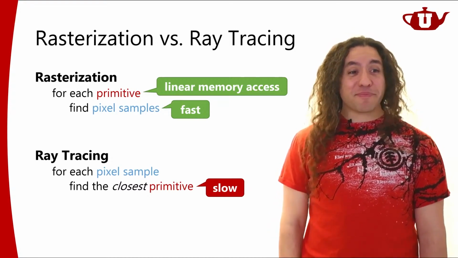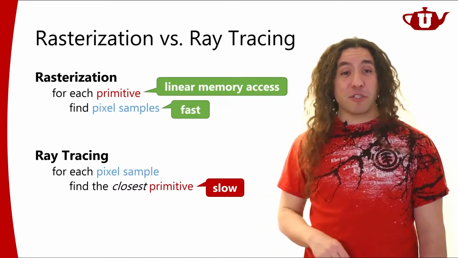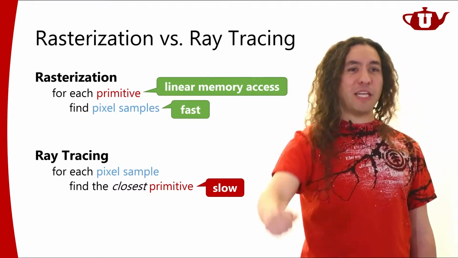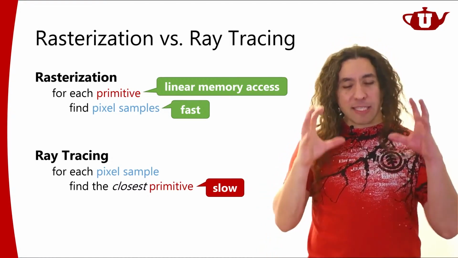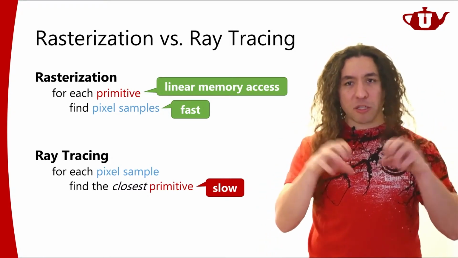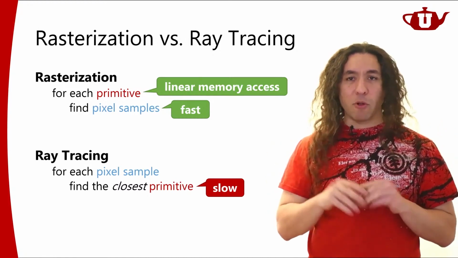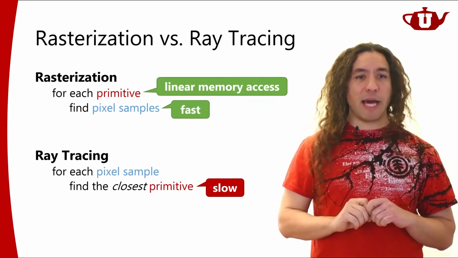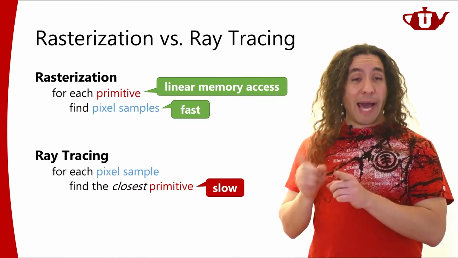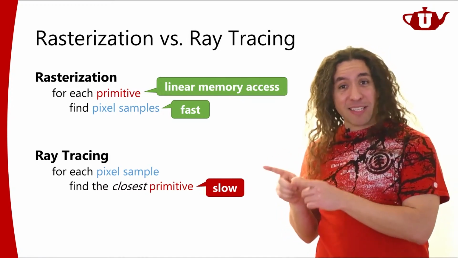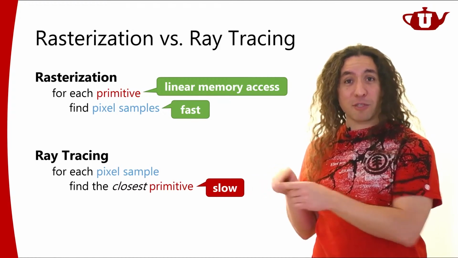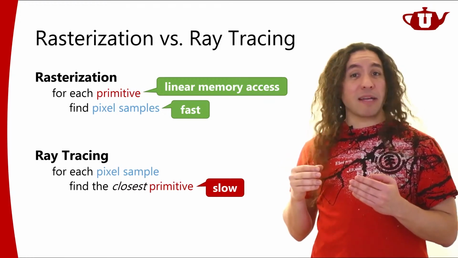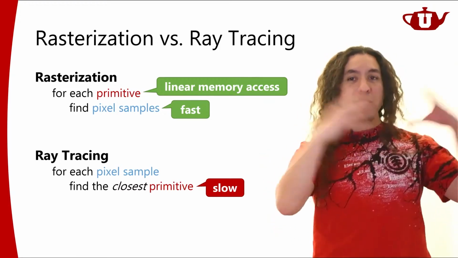So what ray tracing algorithms do to accelerate that is, instead of looking at each triangle for each ray, they will take the scene data and split it into spatial partitioning structures so that they will be able to very quickly find the possible triangles that can intersect with that ray. But doing that, though it accelerates this super slow, find the closest primitive stuff, it's still slow, but makes it faster.